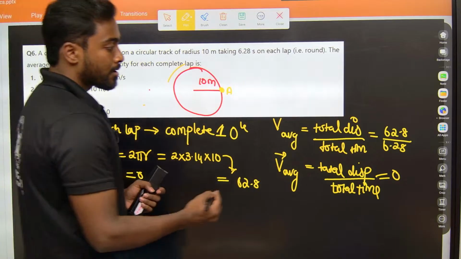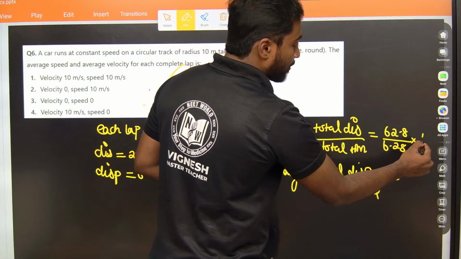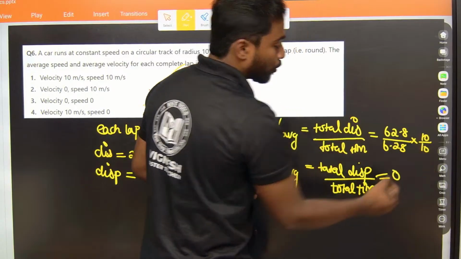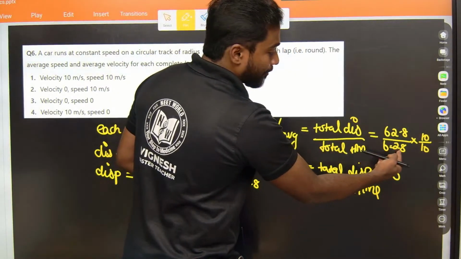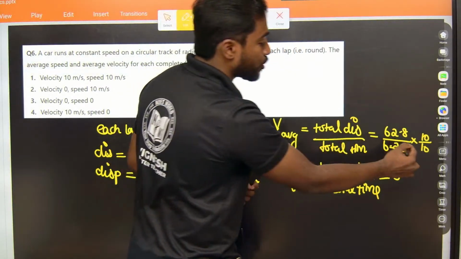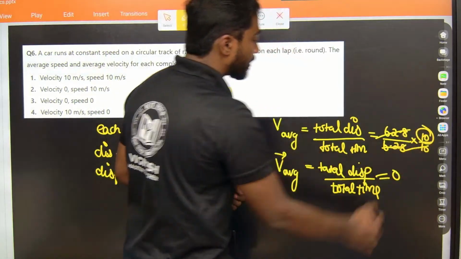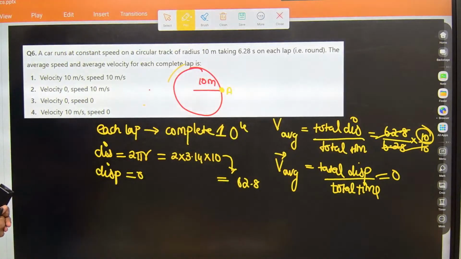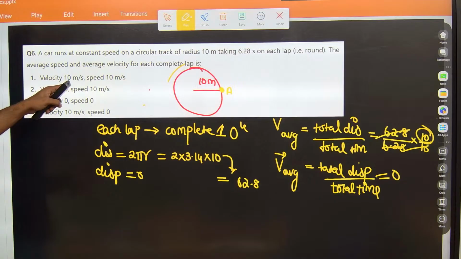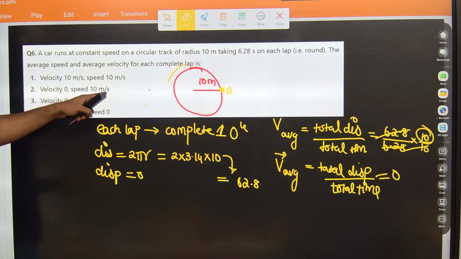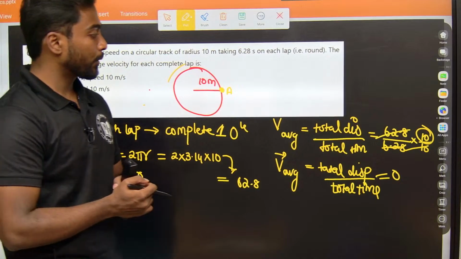This 62.8 and this one will get cancelled, so the remaining 10 will be there. So average speed will be 10, whereas average velocity will be 0. So option 2 is the answer.